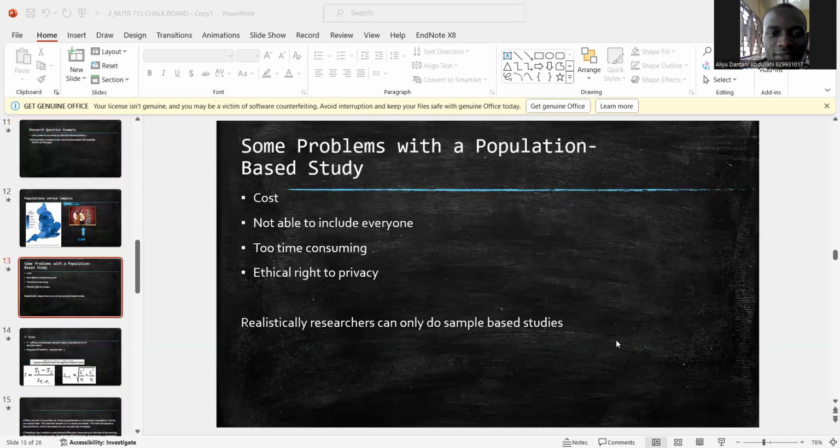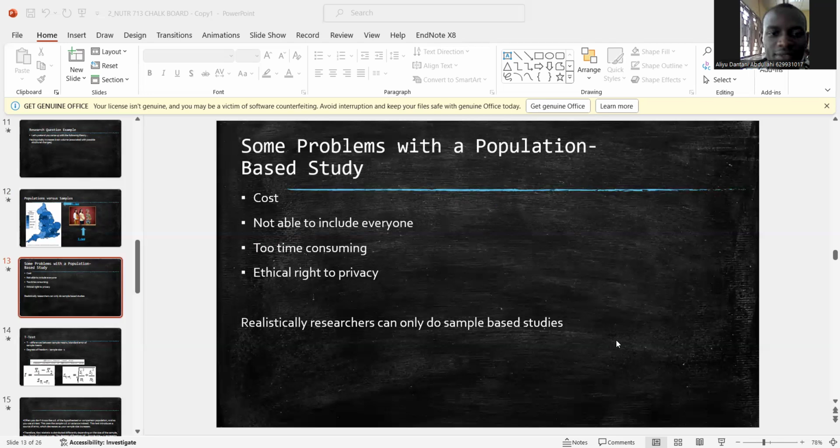Some problems with a population-based study, of course, is you have the costs. I think this part will be treated by the other lecturer, I'm sure. So with the population, you have to deal with cost, not being able to include everyone, it being too time-consuming, and then the ethical rights to privacy.